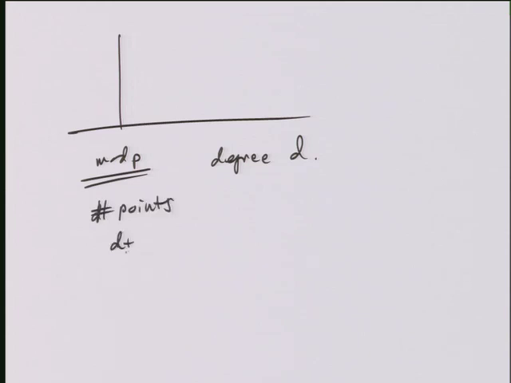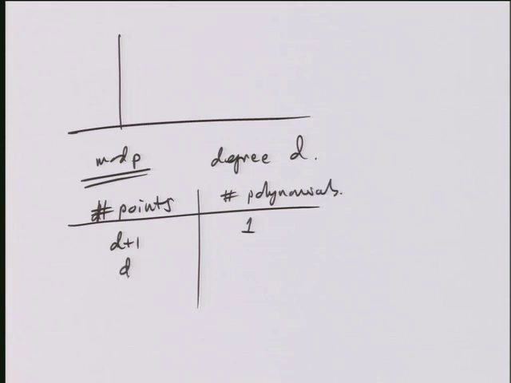If you are working mod p, and you have a polynomial of degree d, and the number of points at which you know the value of the polynomial is d plus 1, then how many polynomials are there that are consistent with this information? There's exactly one. Now what if you knew the values only at d points? How many polynomials are there?